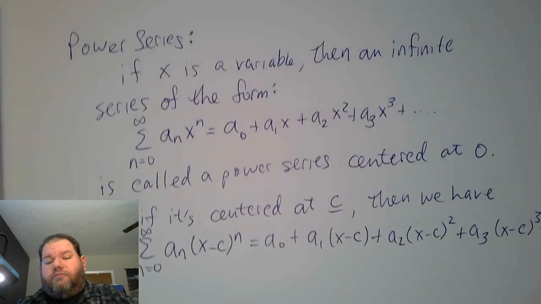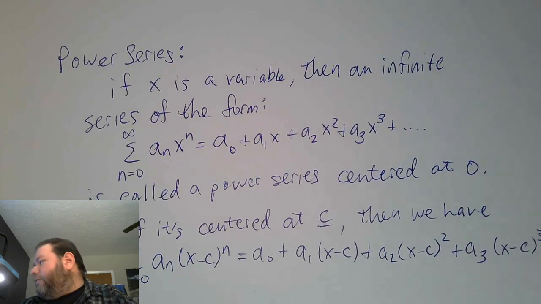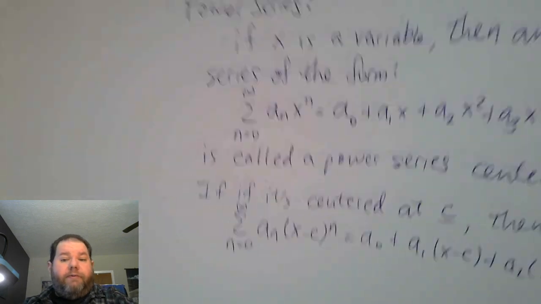Now, as with everything else that we've looked at, we certainly are interested in the interval of convergence, or radius of convergence, whatever you want to call it. We are interested in convergence.